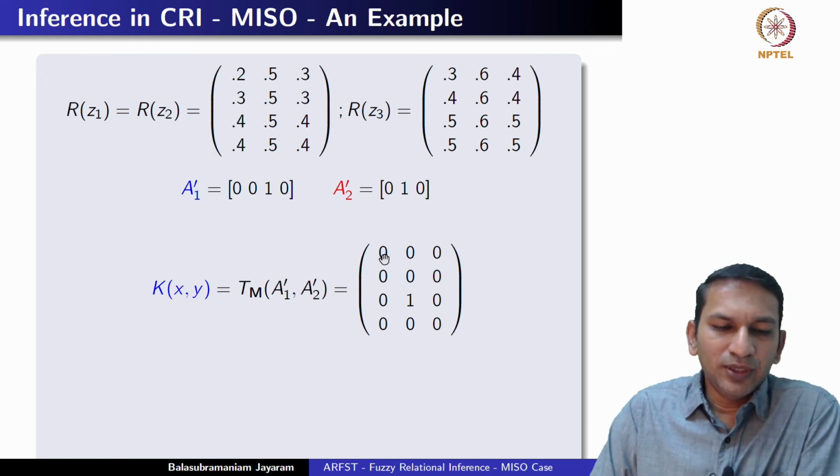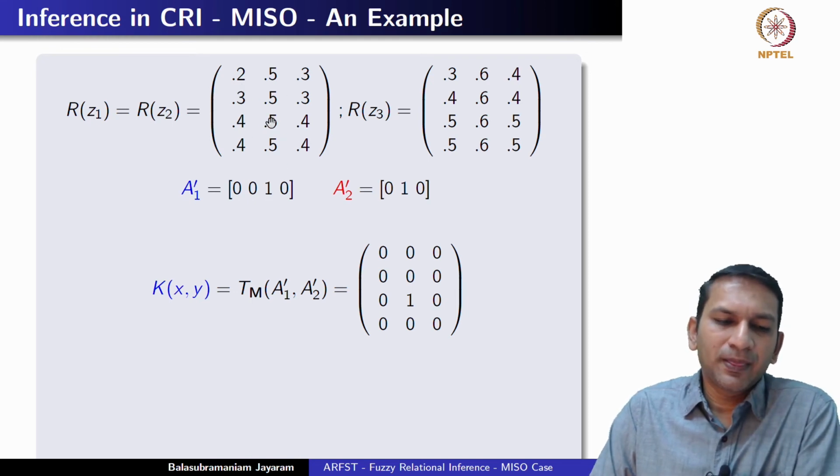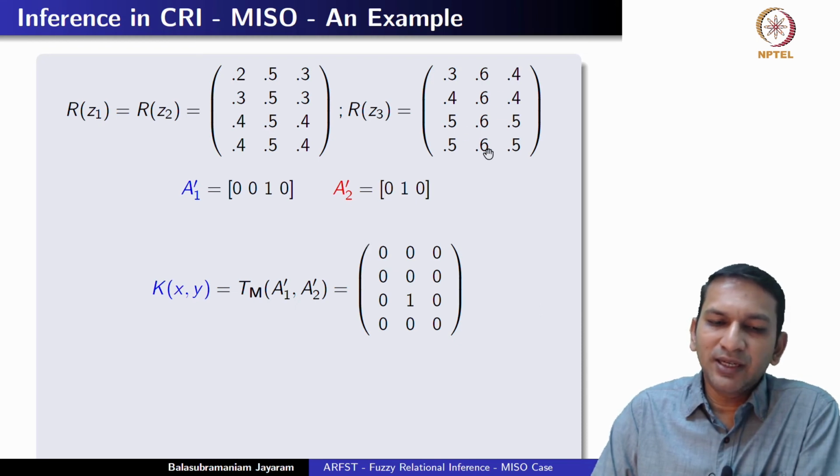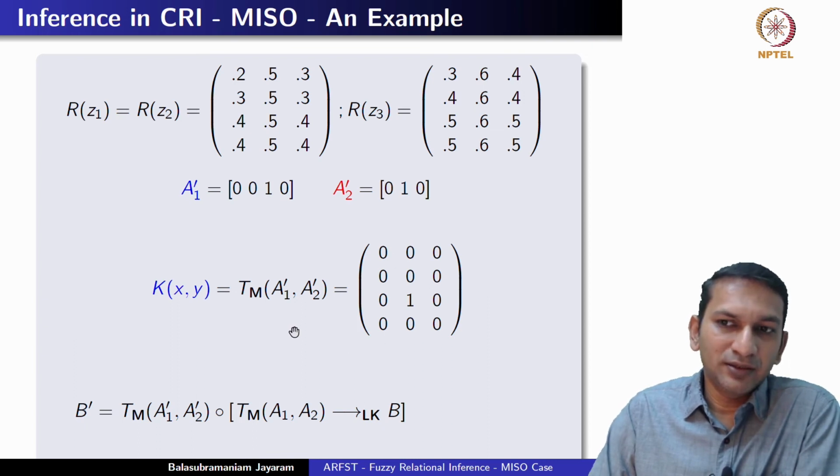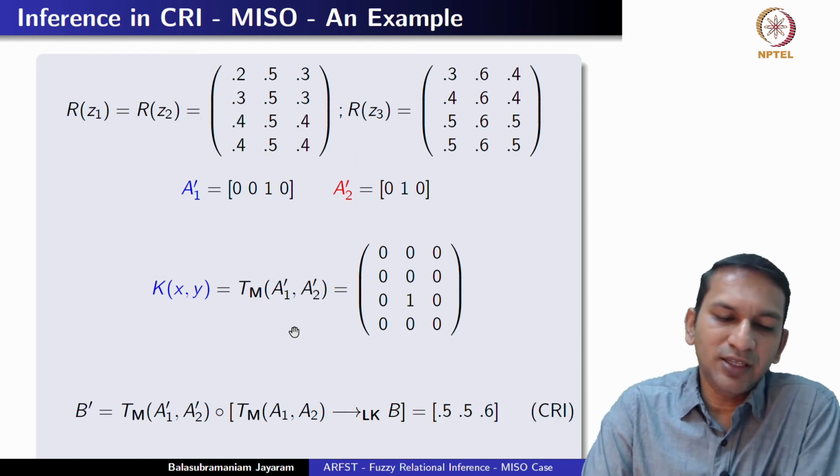So if you do that, 0 and 0.2 is 0, 0 and 0.3 is 0, everything will be 0 except where this is 1, which is 0.5. And similarly, everywhere else here it will be 0 except at 0.6. Thus, when you compose this with the original relation R, this obtained combined input, this is what you would get as the output.